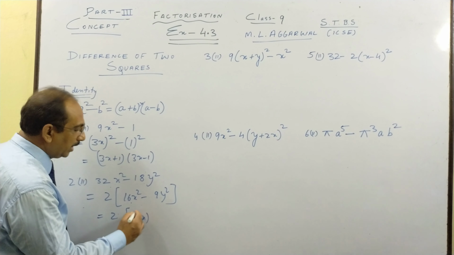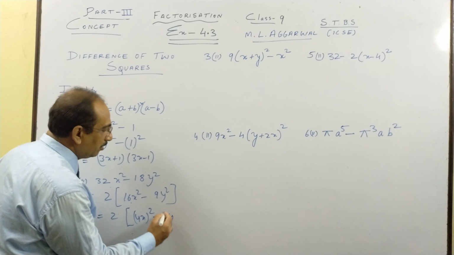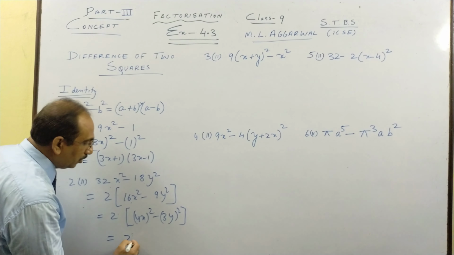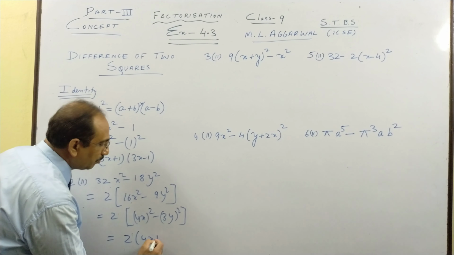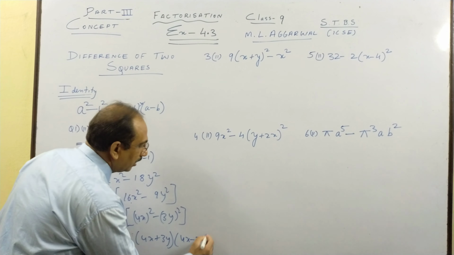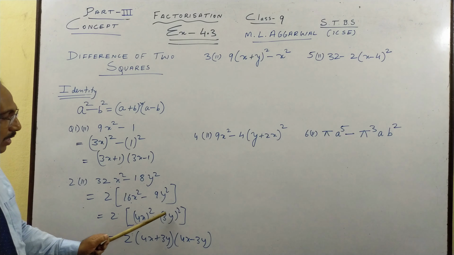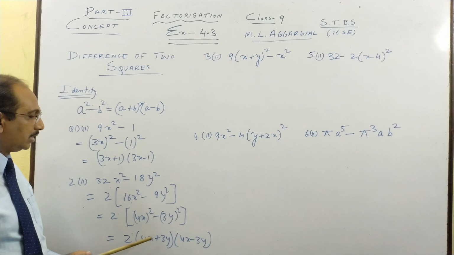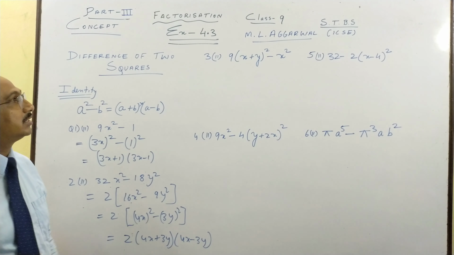So I have 4x square minus 3y whole square. So if I write this, I get 2, 4x plus 3y, 4x minus 3y. So this 2 I take out, a square minus b square, first thing square minus second thing square, first thing plus second thing, first thing minus second thing.